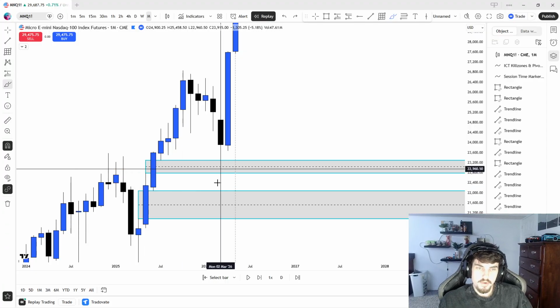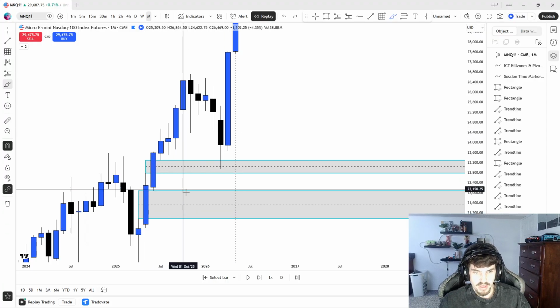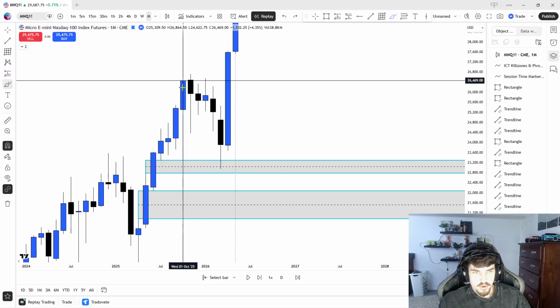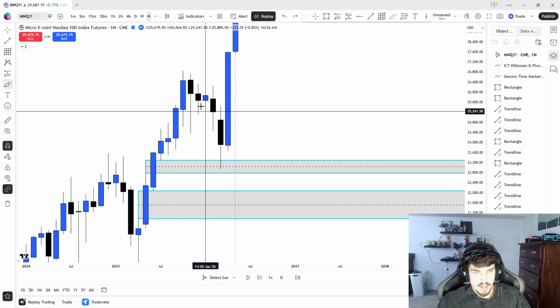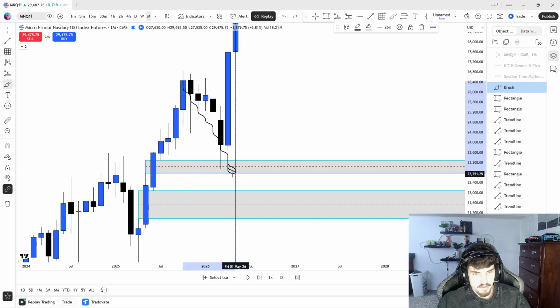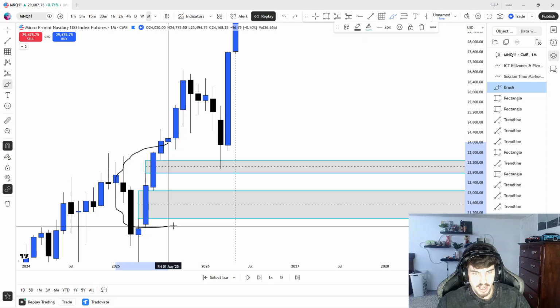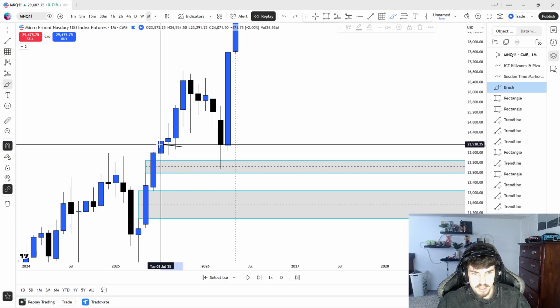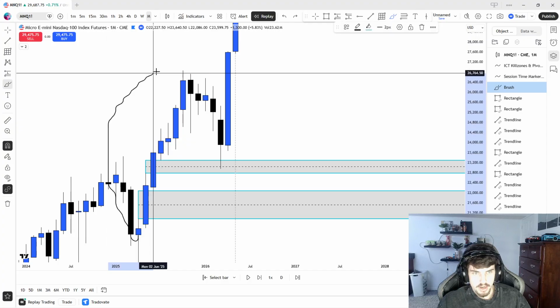So what do we have? We have 2 different fair value gaps right here. So if price wanted to, it could have come down. It could have disrespected this first fair value gap that we have, because these are stacked up fair value gaps, and they're in the same leg of price right here.